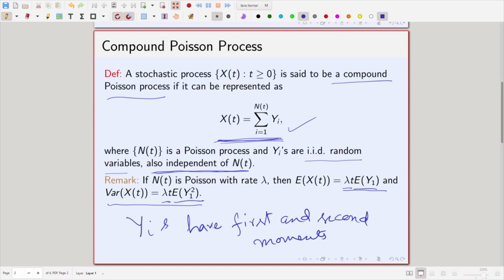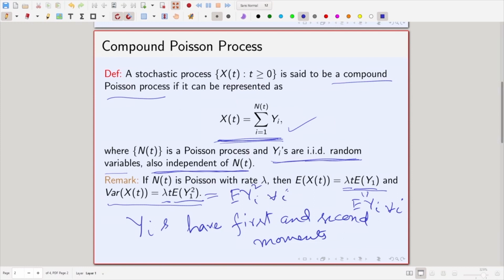But one thing you should be careful about: here it is not the variance of Y_1, but rather the second moment of Y_1, the expectation of Y_1 squared. Remember these are all iid, so the expectation of Y_i is the same as the expectation of Y_1 for all i, and similarly the expectation of Y_i squared is the same for all i.